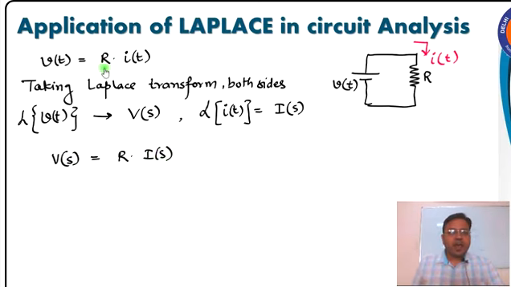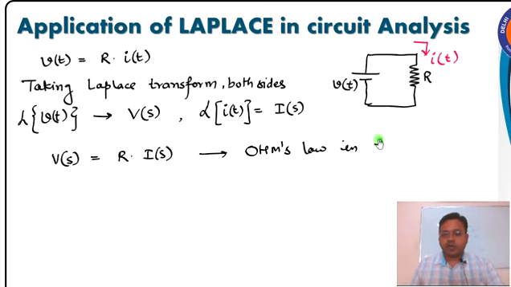As R is a constant, its Laplace transform will be R only. We all know that the Laplace transform of a constant remains the constant. So we have this equation. This is Ohm's law in the frequency domain. This equation states that when voltage is converted into the frequency domain, it becomes V of s.